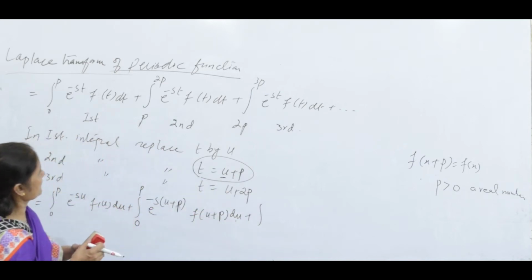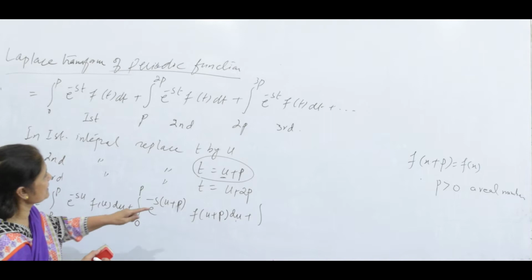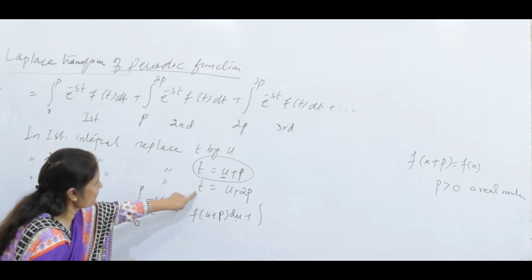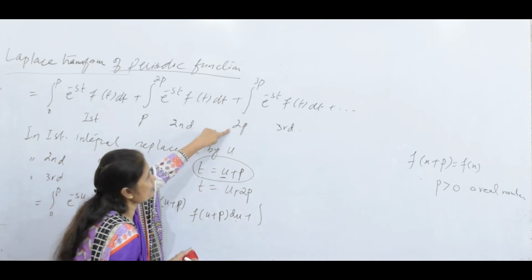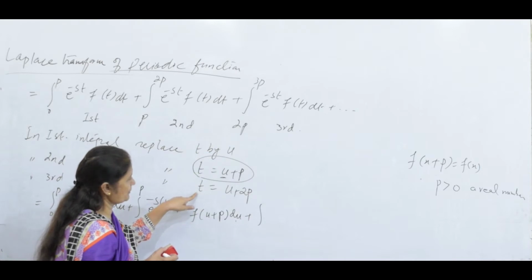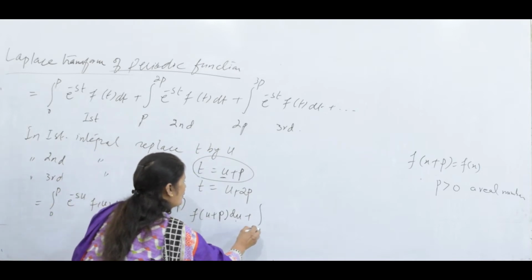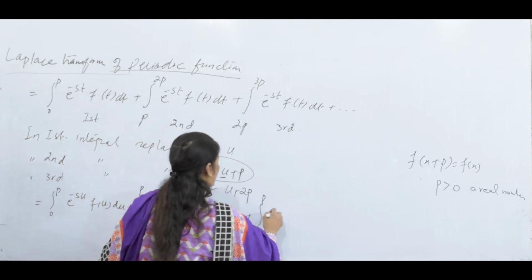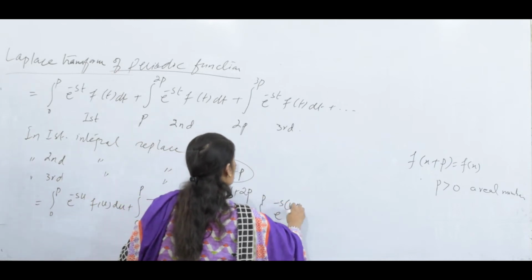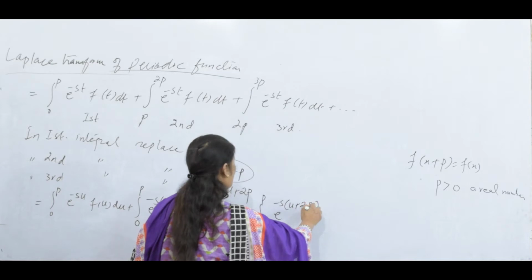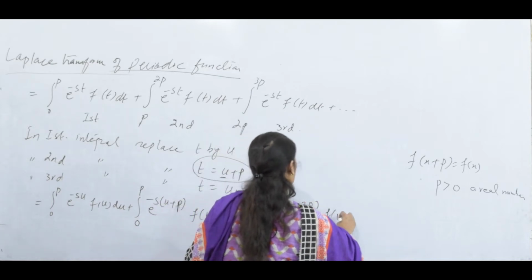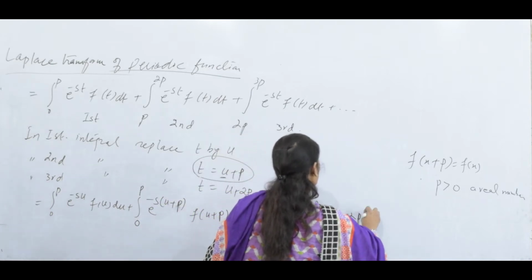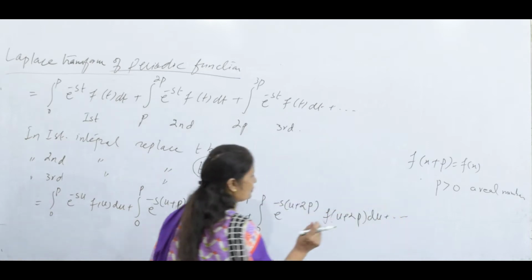In the third integral, I am replacing t by u plus 2p. So the lower limit of t is 2p. If I put 2p there, u will be 0. And if I put 3p here, u will be p. The integrand is e^(-s(u+2p)) f(u+2p) du and so forth.